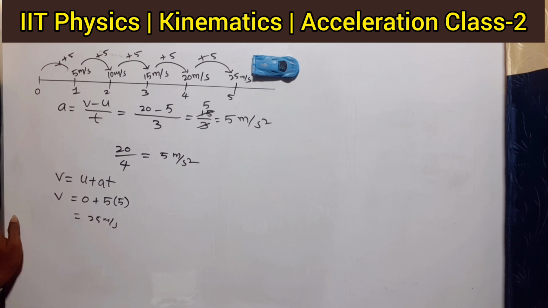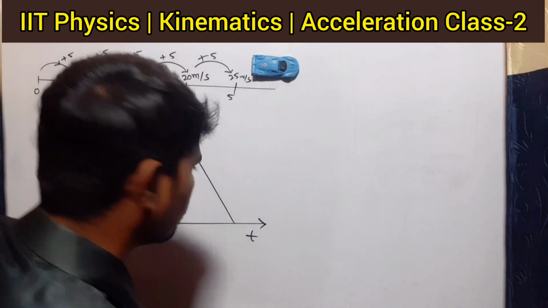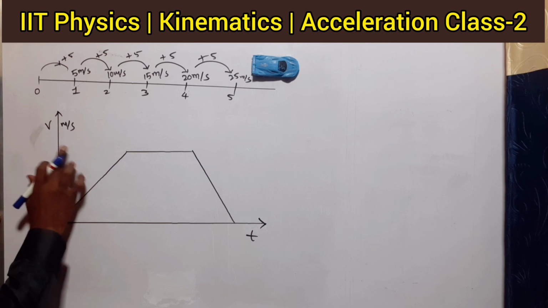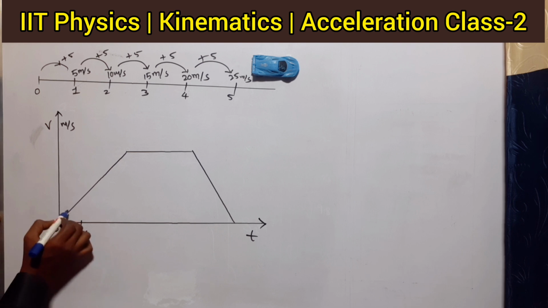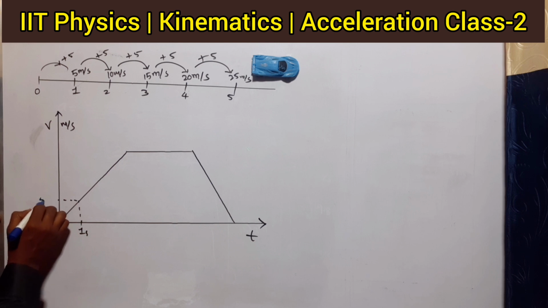Next. See children, I have taken one situation. A car started from 0, velocity on the y-axis, time on the x-axis. Here 1 second completed, so it gains 5 meter per second speed.